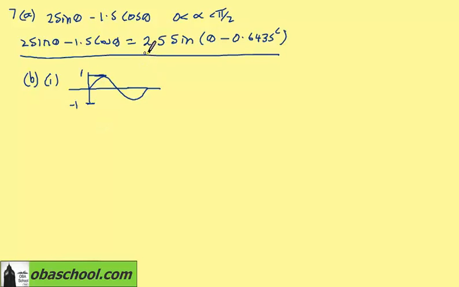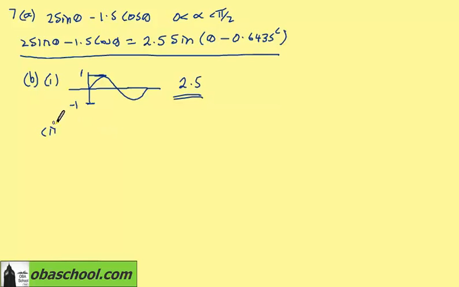If we have 2.5 sine theta, then that's just going to be a stretch, so that the maximum is at 2.5 and the minimum at minus 2.5. So we can state straight away that the maximum value of this function is 2.5.